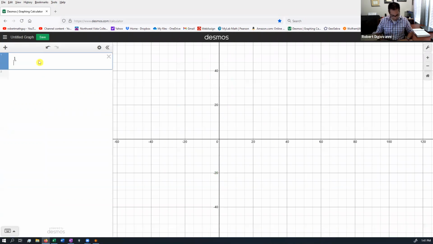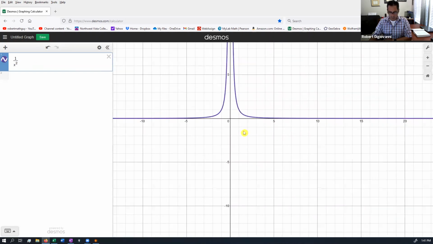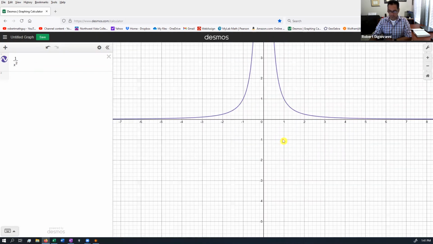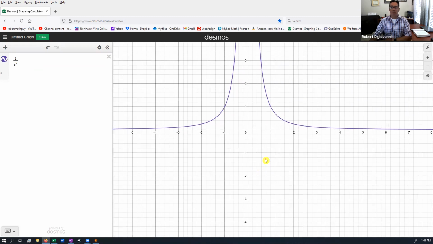So I'm going to graph it. There's the graph of that function, 1 over x squared. And I wanted to know what's happening at 2, the equation of the tangent line at 2.